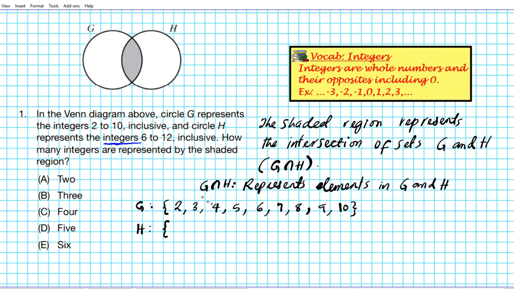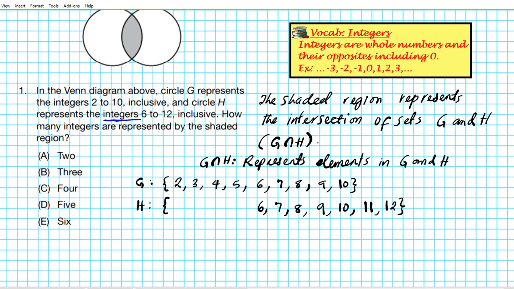I'm going to align my starting element so that it lines up perfectly with the element in G. So I'm going to put a 6 here: 6, 7, 8, 9, 10, 11, 12.